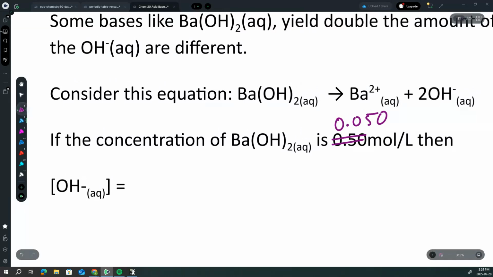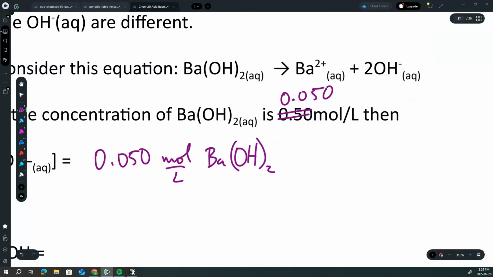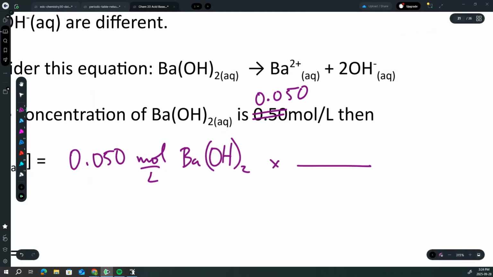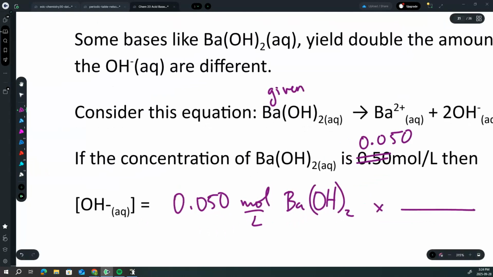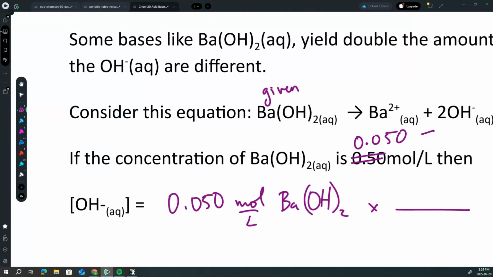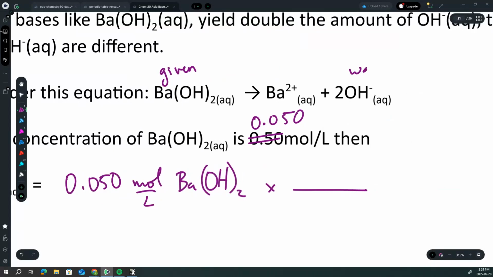All right, so to figure out the concentration of hydroxide, what we're going to do is take the concentration of barium hydroxide, and then we're going to multiply it by our mole ratio. Okay, so when you're trying to figure out what our given and what our want is, our given is going to be barium hydroxide because that's what substance the number that we're given belongs to. Okay, and what we want is going to be the hydroxide ion concentration.